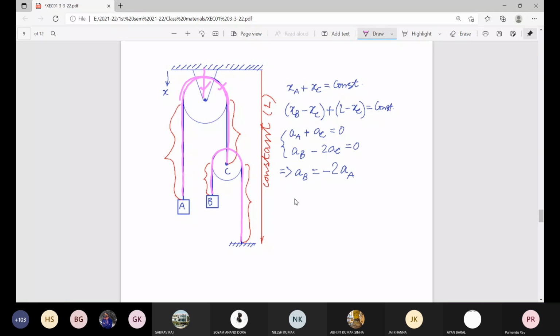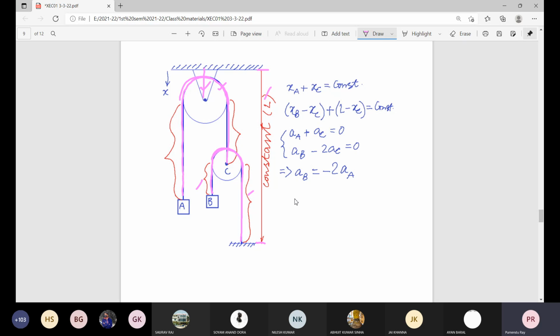Similarly, the position of B is variable as well as the position of C. So for the second rope, the length will be this plus this lap length plus this straight part. But one thing is sure, that the distance between the ceiling and the floor is fixed.